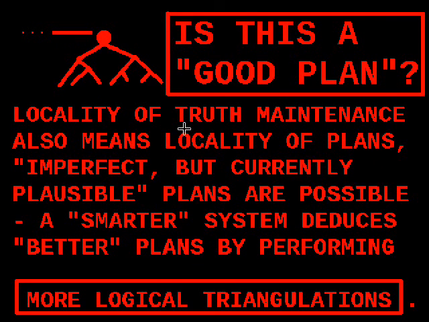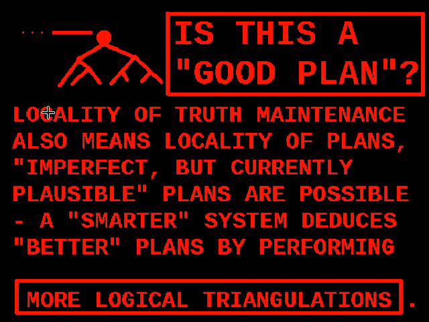But is this a good plan? Now, as I mentioned, it is maybe hard to judge the consistency of a plan based on absolutely all knowledge. Therefore, in a system design, you might resort to a kind of locality of truth maintenance.